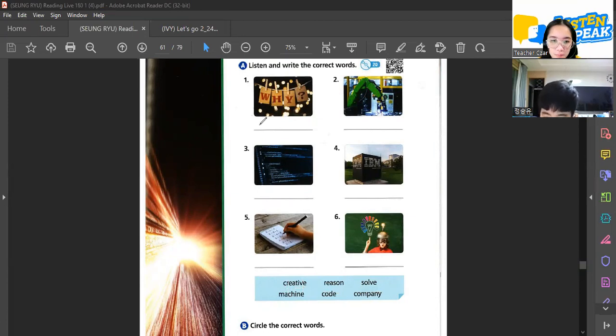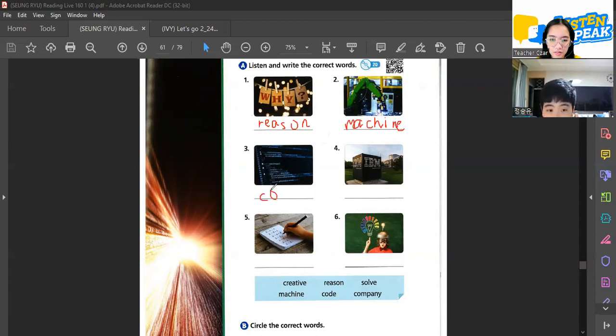How about two? Creative. Okay, so as you can see, there is something like a robotic thing. So what do you think is that? Machine. Okay, that's machine. Okay, how about three? Code. Okay, good. Very good.